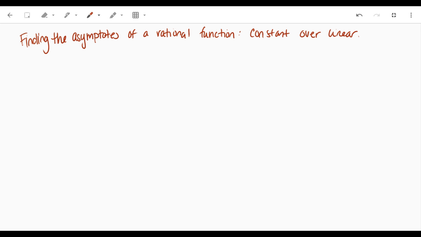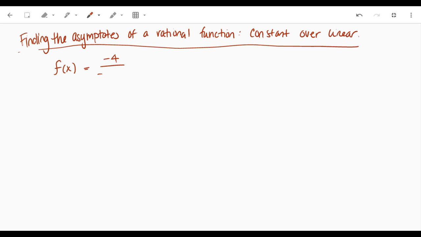Okay, so in other words, we're going to have a number over x plus or minus something. Okay, so we have f of x equals -4 over -x minus 5. Ooh, that's a lot of negatives. Okay.